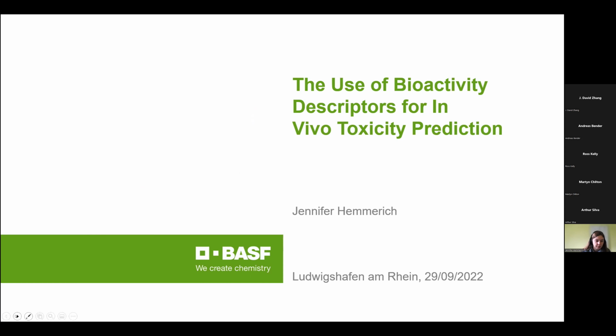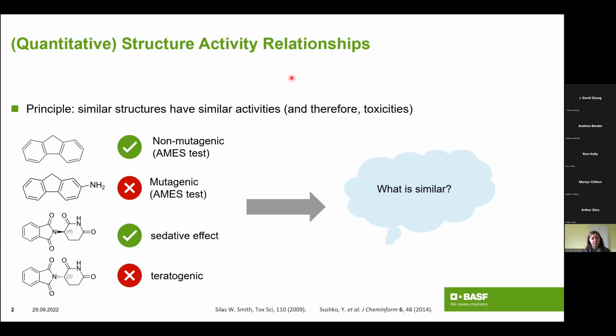I want to start with the definition of chemical similarity. If we talk about structure-activity relationships or even quantitative structure-activity relationships, we basically assume the principle that if we have a similar structure, we assume that they also have similar activities and therefore, of course, also toxicities.